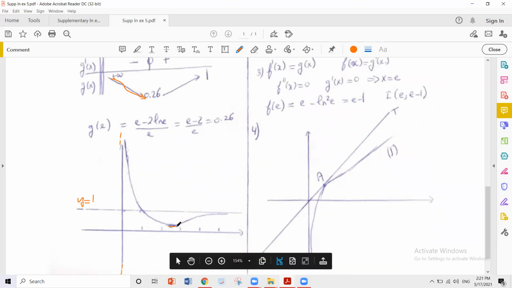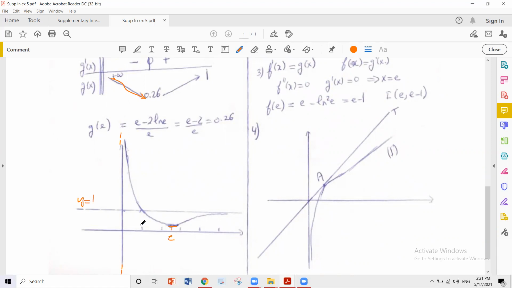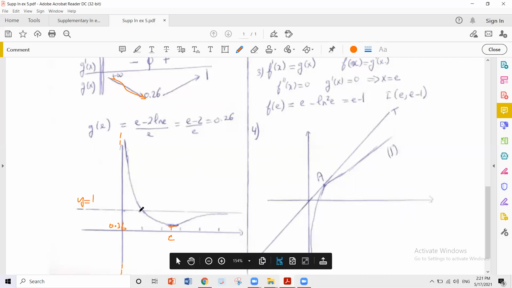This is the minimum. This one is e, and 0.26 here. For x equals 1, y equals 1 is a particular point.